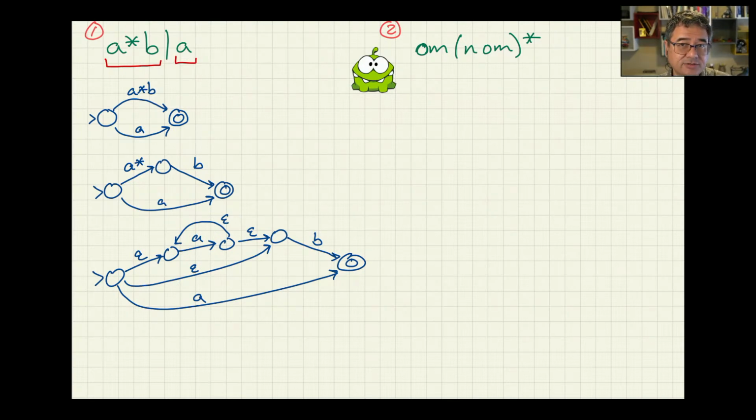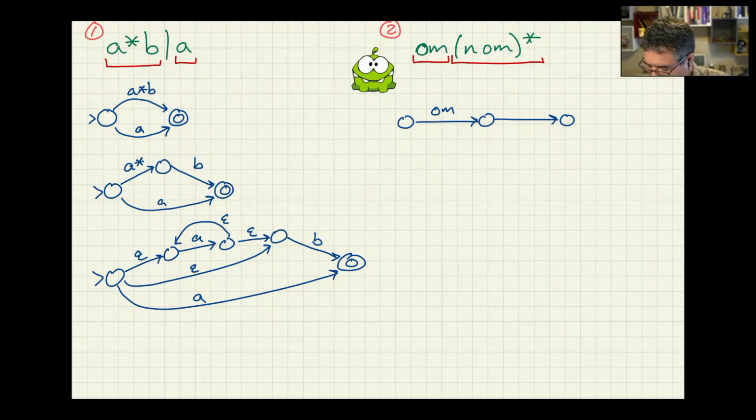So let's tackle number 2. Here, what I see is om followed by nom star. So I'm going to start with a sequence of om followed by nom star.